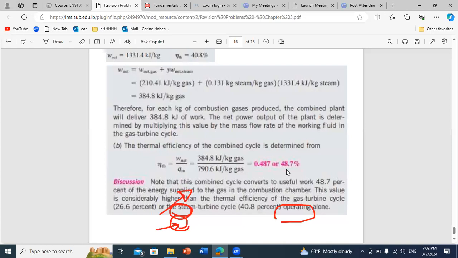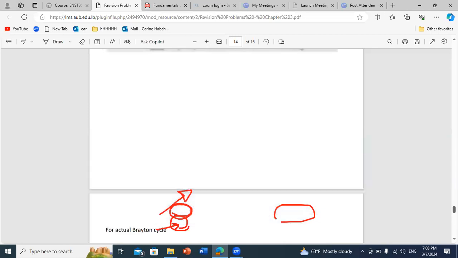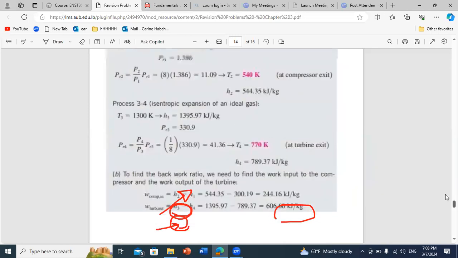So from here, we understand the importance of heat recovery, which is the use of waste energy in order to drive a cycle. Here we used it for electricity production, because it's driving a Rankine cycle producing electricity. You can use it maybe for domestic hot water needs or for district heating. Okay, so for this heat exchanger, it can be of different types. You can use it in a cogeneration power plant.